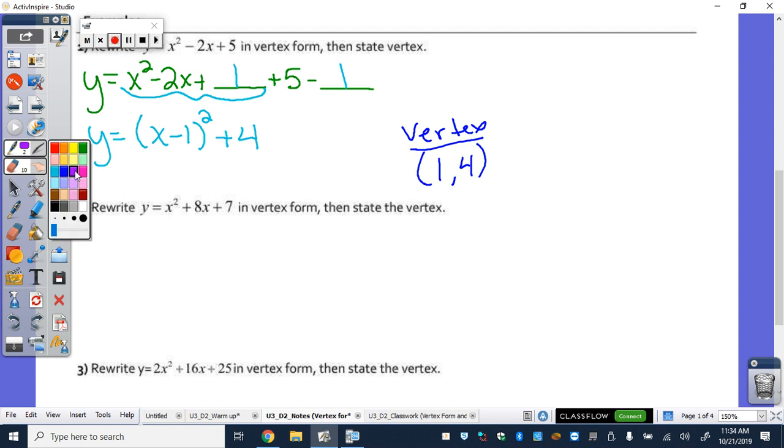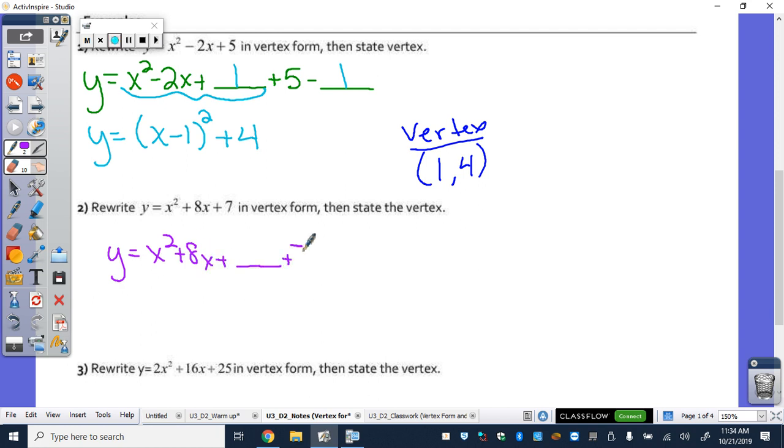All right, so let's try the second one. Same process. So I'm going to put plus a space after my 8x, and then minus the same space after my 7. I'm not trying to change my equation, I'm just trying to rewrite it in a different way.